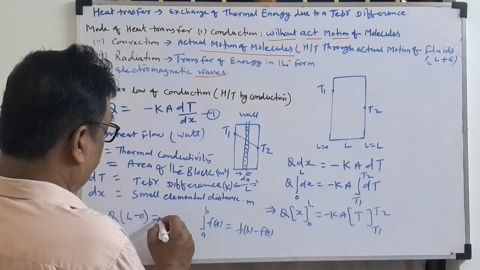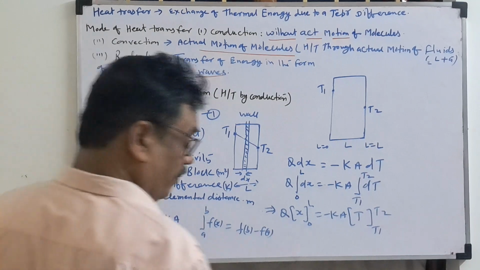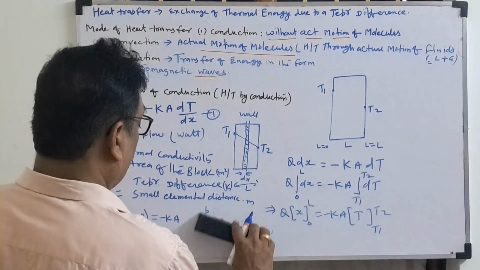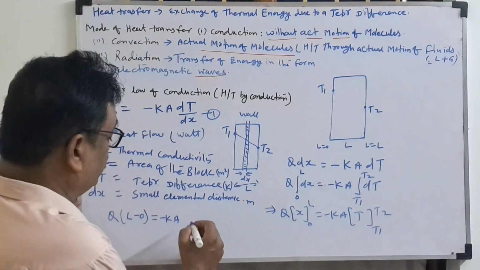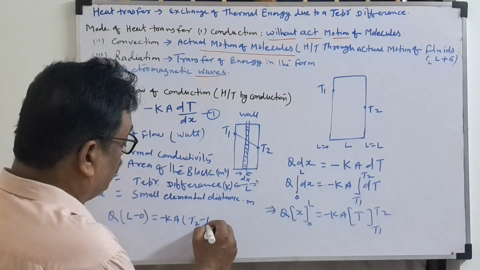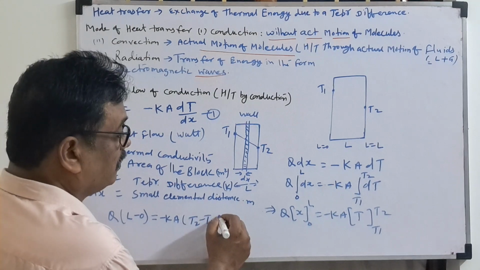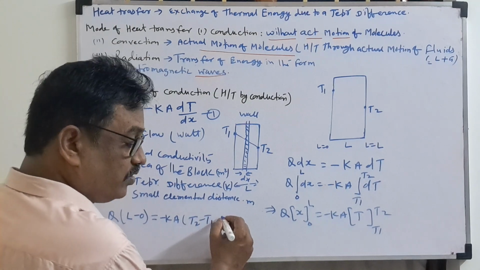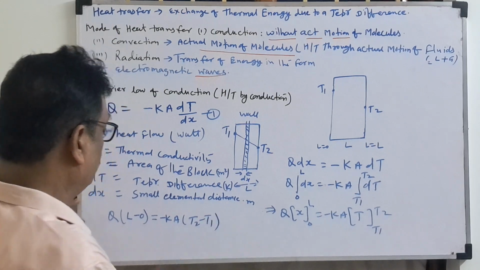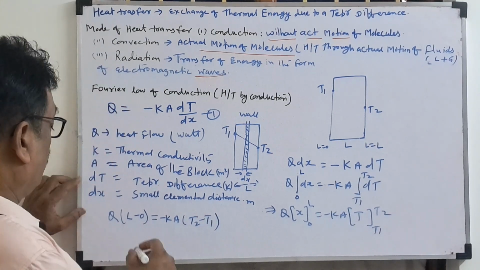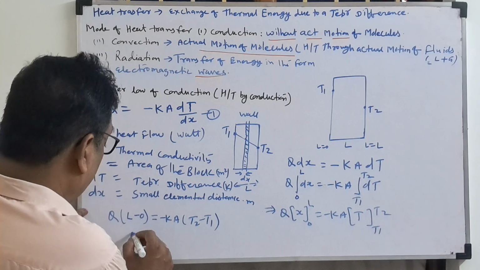Now minus Ka, temperature T2 minus T1, upper limit minus lower limit. So what will be there here?